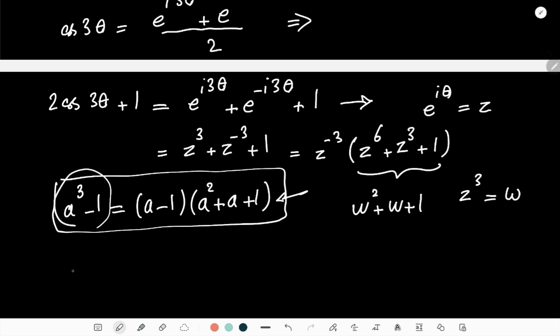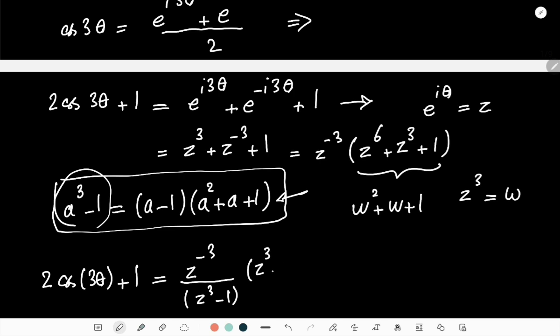So therefore, I have 2 cosine of 3 theta plus 1 equal to z to the power of minus 3 divided by omega minus 1, which is basically z cubed minus 1, times z cubed minus 1, because I multiply the numerator and the denominator both by this factor, times z to the 6 plus z cubed plus 1.